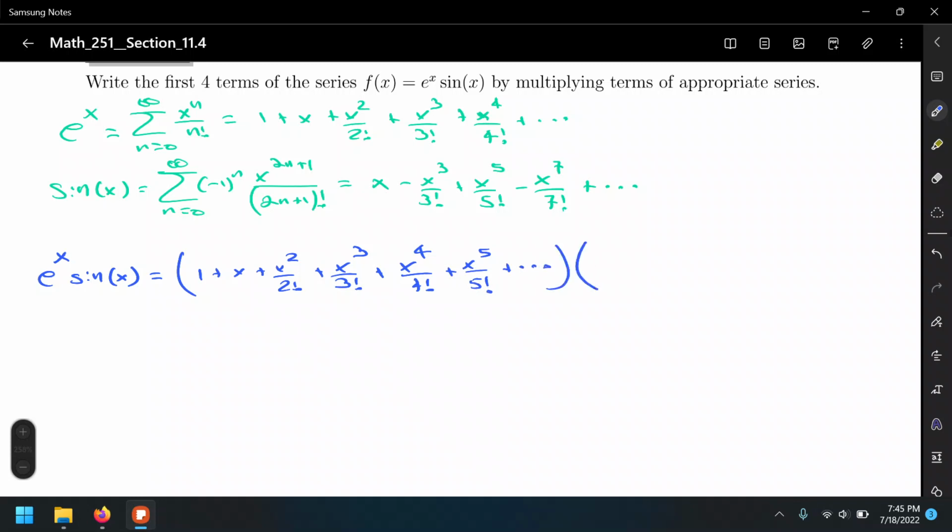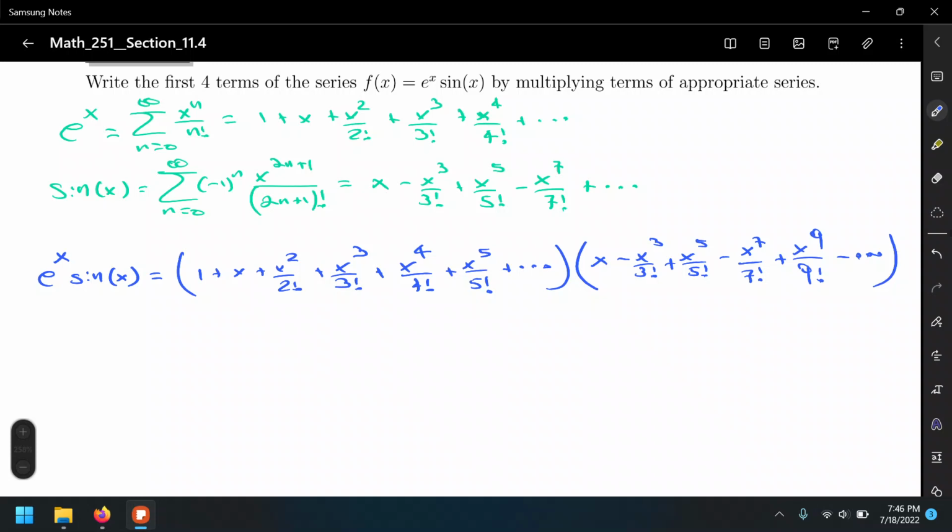That times the polynomial expansion for the sine function, that is x minus x cubed over 3 factorial plus x to the fifth over 5 factorial minus x to the seventh over 7 factorial plus x to the 9 over 9 factorial minus dot dot dot, indicating that this one goes on forever.